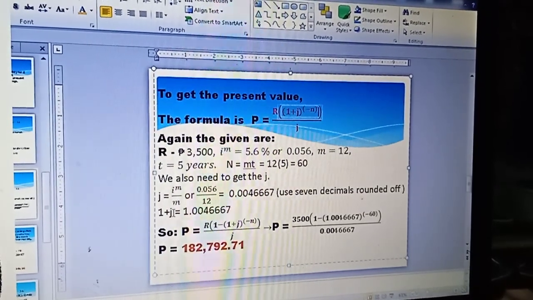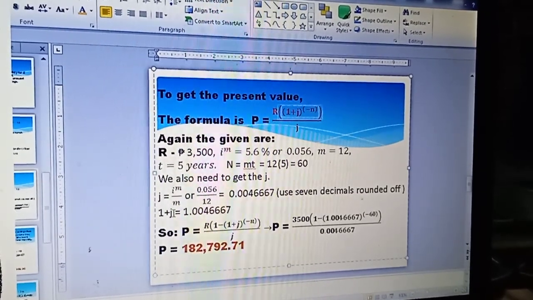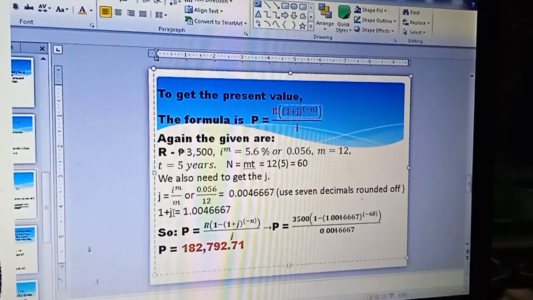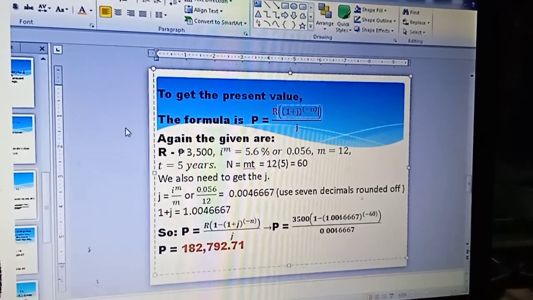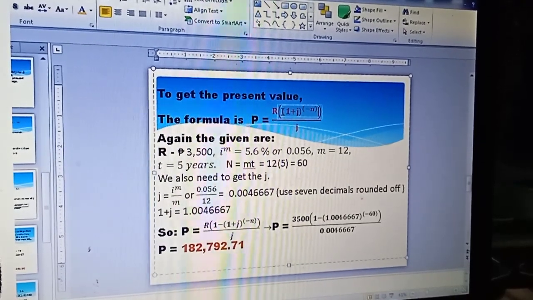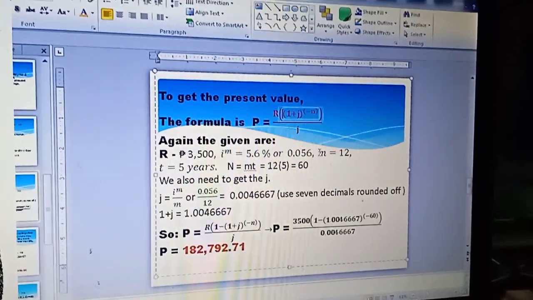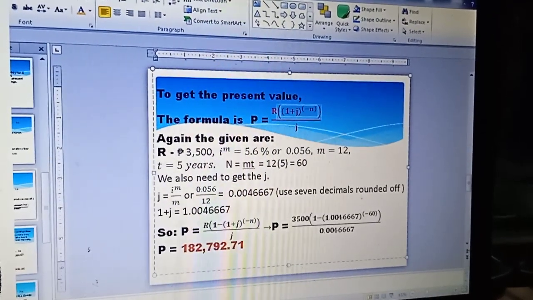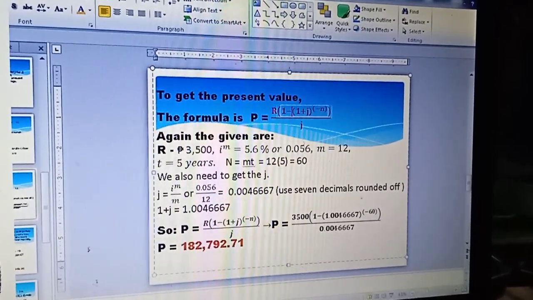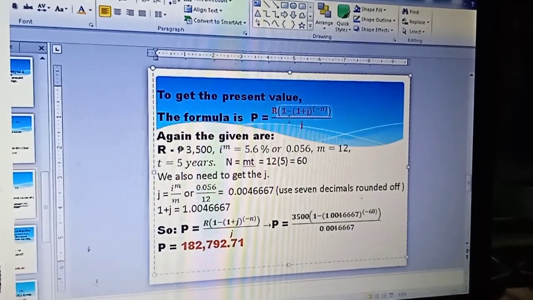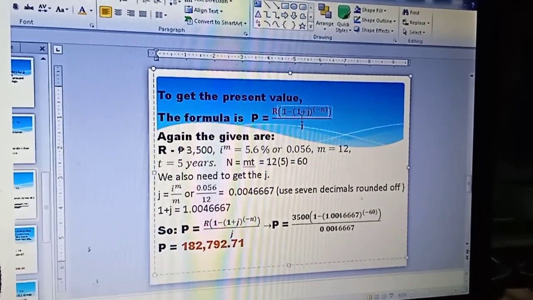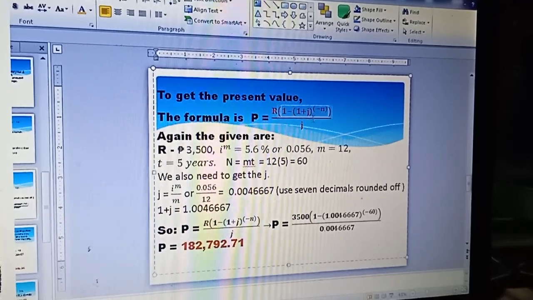So our P is equal to R times 1 minus the quantity 1 plus j raised to negative n over j.